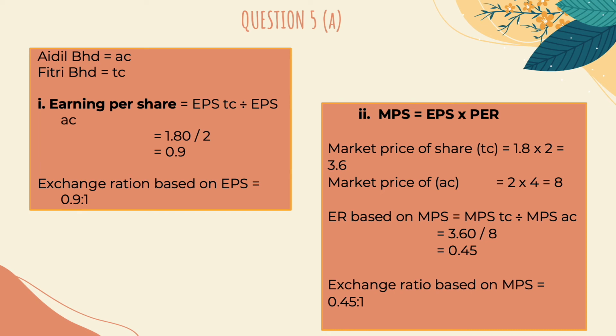We have to find MPS on our own. The formula is MPS equals EPS times par value. MPS TC: 1.8 times 2 equals RM3.60. MPS AC: 2 times 4 equals RM8. MPS TC divided by MPS AC equals 0.45.